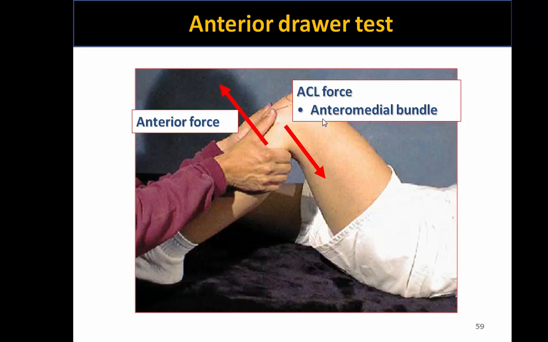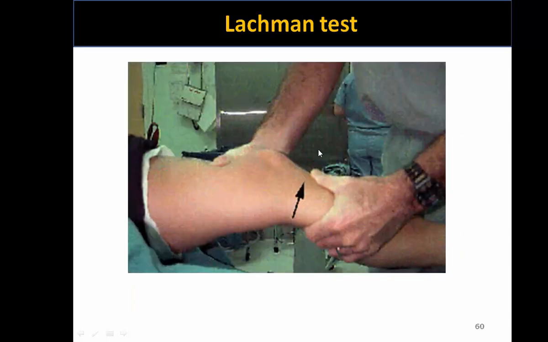If the ACL is intact, the tibia will translate slightly because the ligament does stretch, but the ligament will eventually arrest the movement. If the ligament has been injured to varying degrees, then the clinician will note a relatively greater amount of translation of the tibia on the fixed femur.